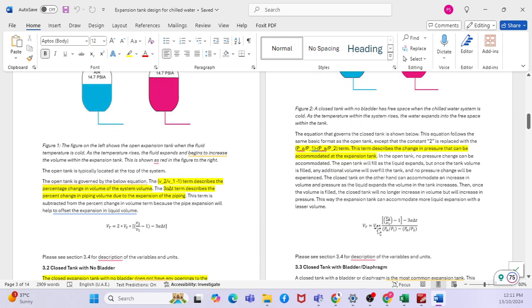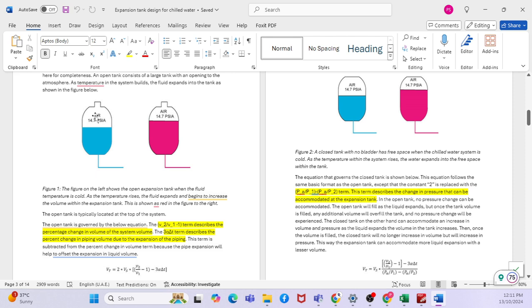So Vt equals Vs multiplied by (V2 by V1 minus 1) minus 3 alpha delta T, divided by (Pa by P1 minus Pa by P2), where Pa is atmospheric pressure. Here also the explanation is given. This term describes the change in pressure that can be accommodated at the expansion time. Here there is no pressure difference because the open system is open to atmosphere, but here it is closed, so you can have a difference in pressure, right?